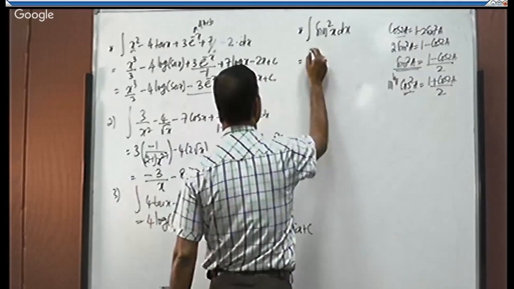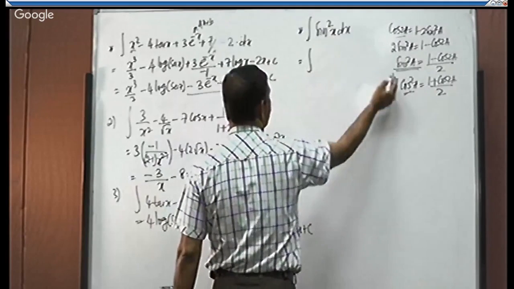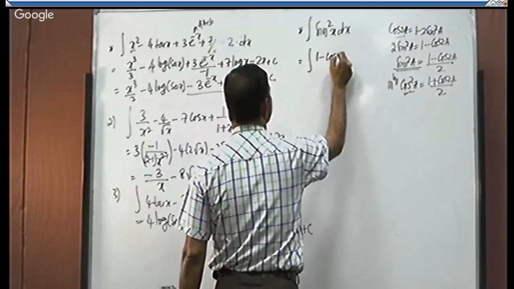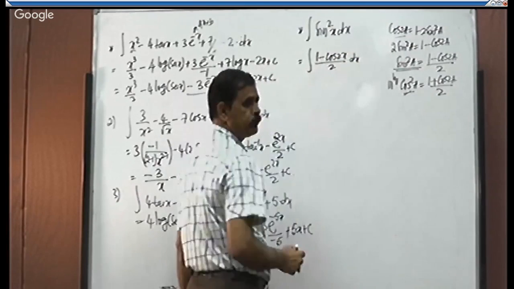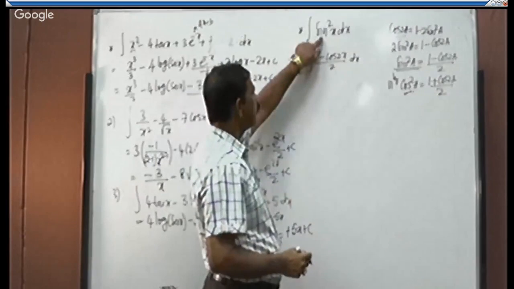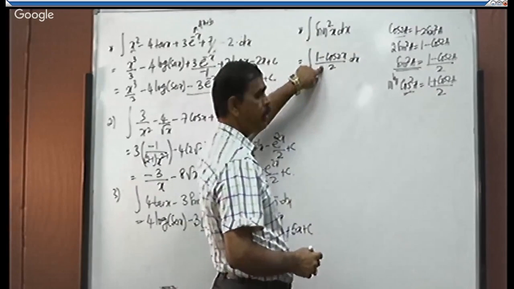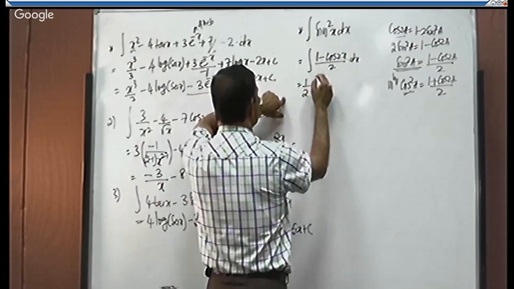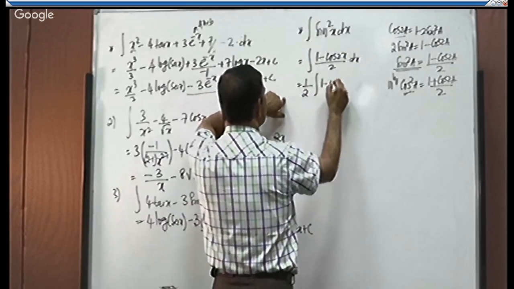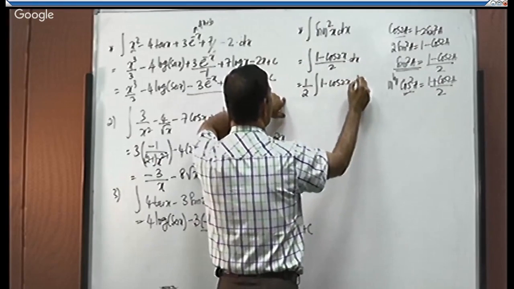Just replace sin square x with 1 minus cos 2x all divided by 2 into dx. This is not integrable, now this is integrable, correct? You take the 2 outside, 1 by 2, integration of 1 minus cos 2x into dx.